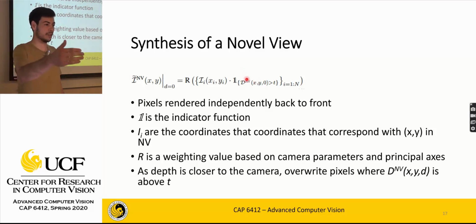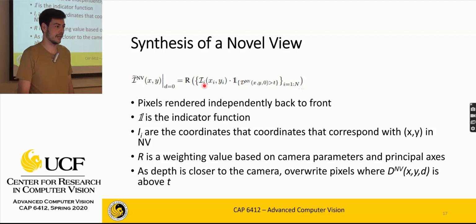If the object is in front of the old object, then we care about that pixel, so we replace that with a 1. That value is just multiplied by the pixel at that original source image and then is weighted using this R function. They don't really describe how they get the R function, but they say it's a weighting function based on the camera parameters and the principal axis from the source image and the novel viewpoint image.